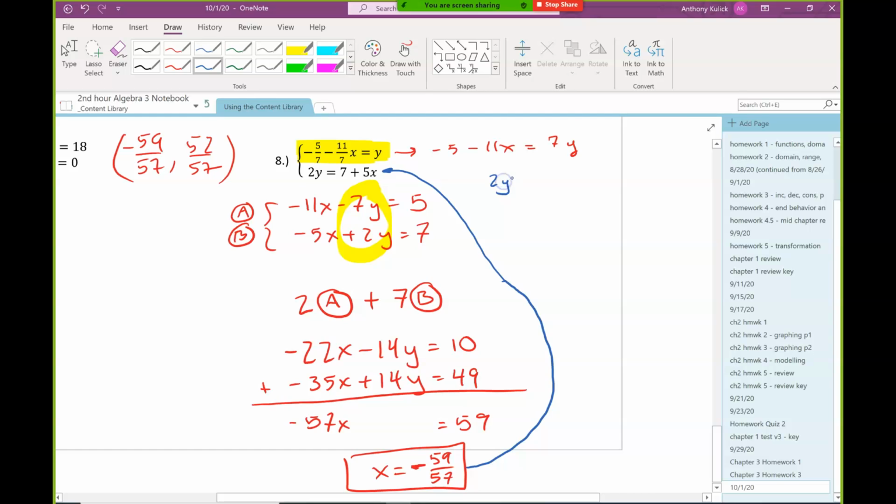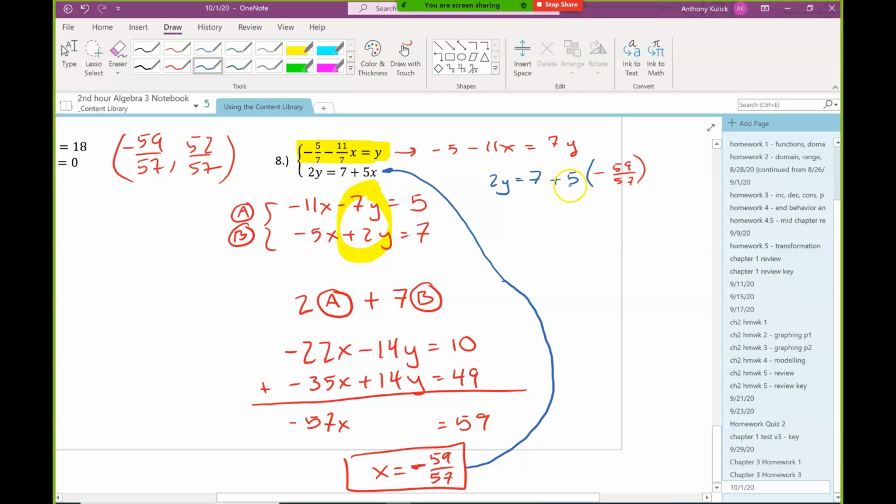So that tells me 2y is equal to 7 plus 5 times 59 over 57. So now I just need to solve for y. I'm going to start by simplifying the right-hand side and combining those like terms.